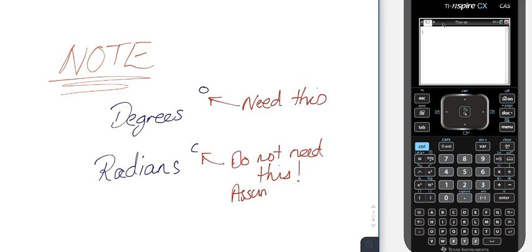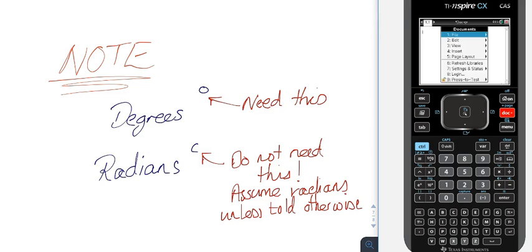It's an assumed radian if no symbol is shown. So if you fail to put in a degree symbol when you mean degrees, then I will look at that and go, this is a radian question. So be careful that you do include the degree symbol, and if you put in a radian symbol, that's fine, but you really don't need it.